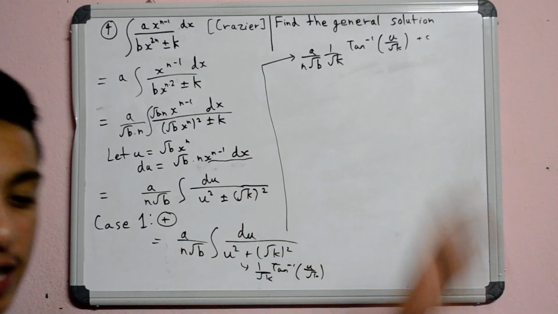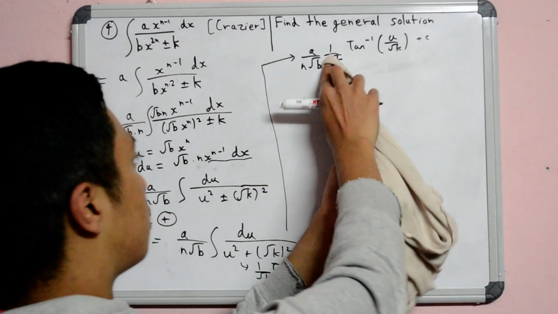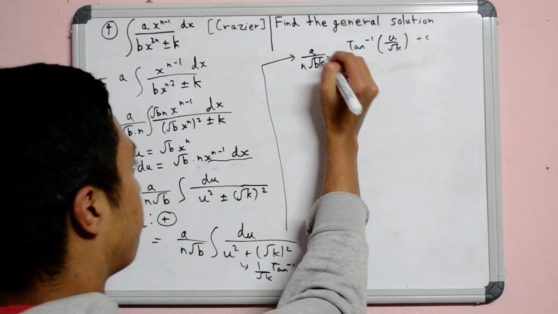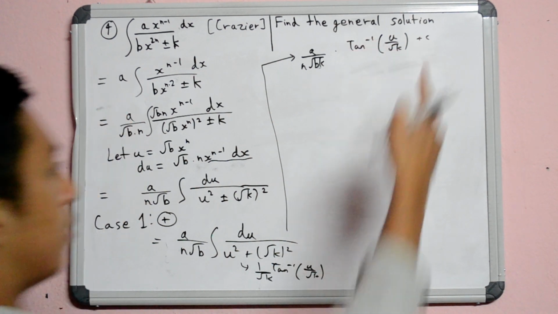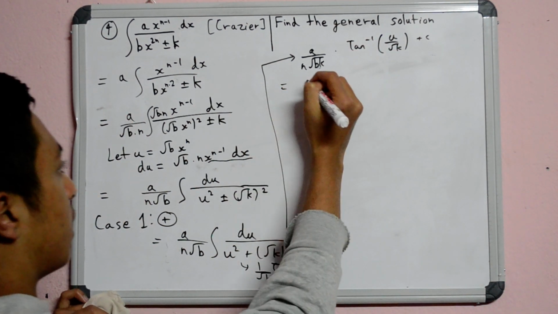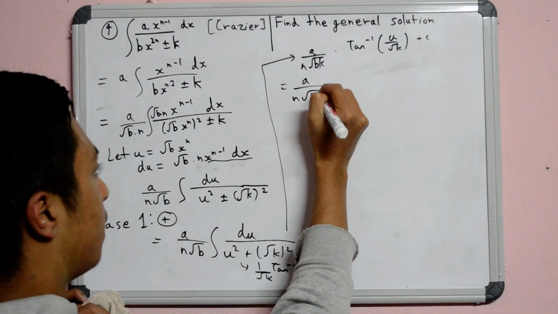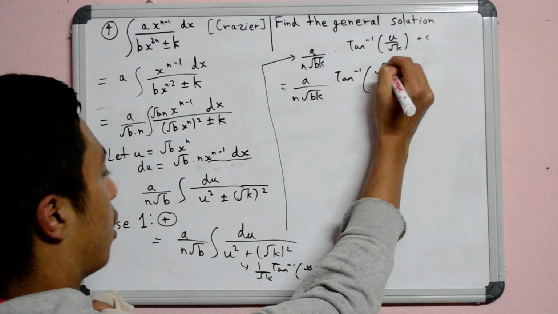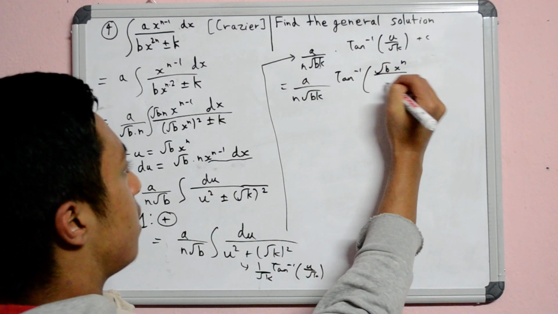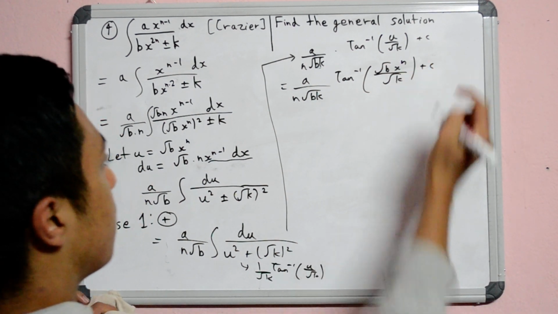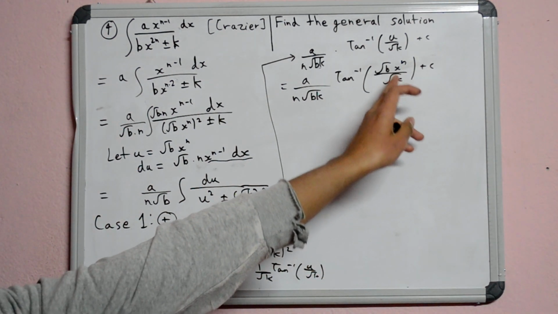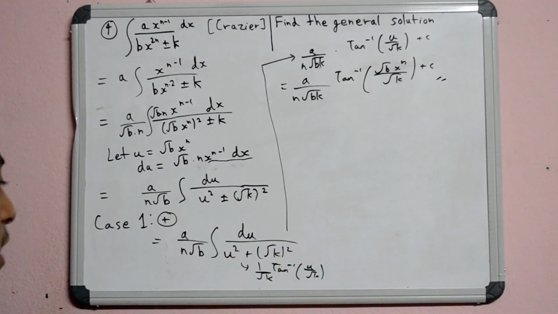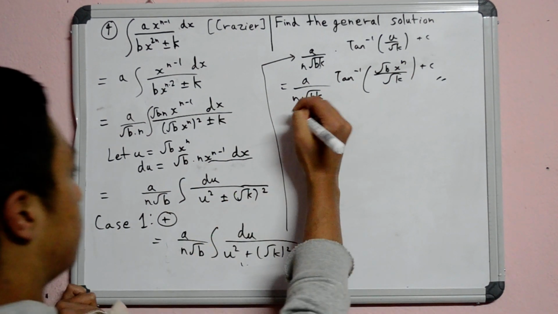Now you can make this nicer, and you can put the square root of k inside of this b, so it becomes square root of bk into tangent inverse of that, and finally you can get a over n root bk tangent inverse of u, which is square root of b x to the power n by square root of k plus c. And of course you can also make this inside nicer by writing square root of b by k, but I'm just going to leave it here and start off with case 2.